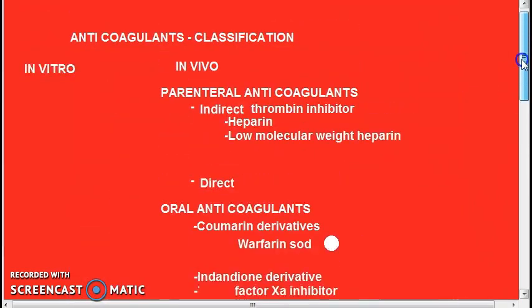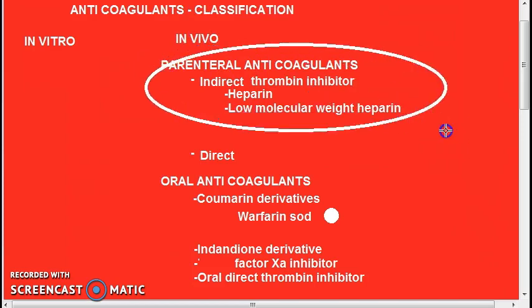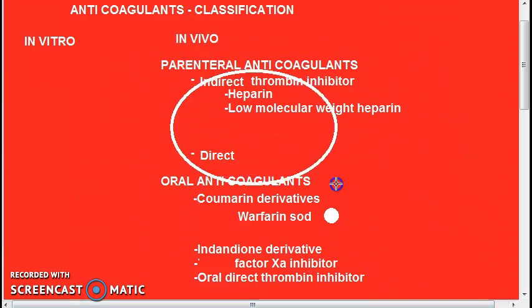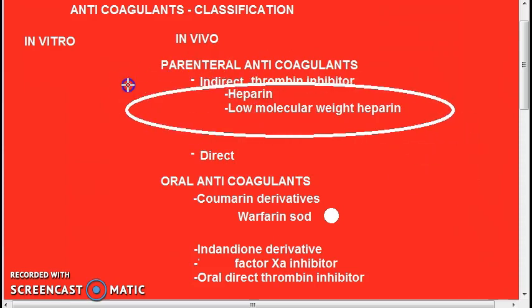So, what all did we see in this video? We saw the classification of anticoagulants. You have in vivo, you have parenteral and oral anticoagulants. Under parenteral, you have indirect thrombin inhibitors and direct thrombin inhibitors. Under indirect thrombin inhibitors, you have heparin and low molecular weight heparin.